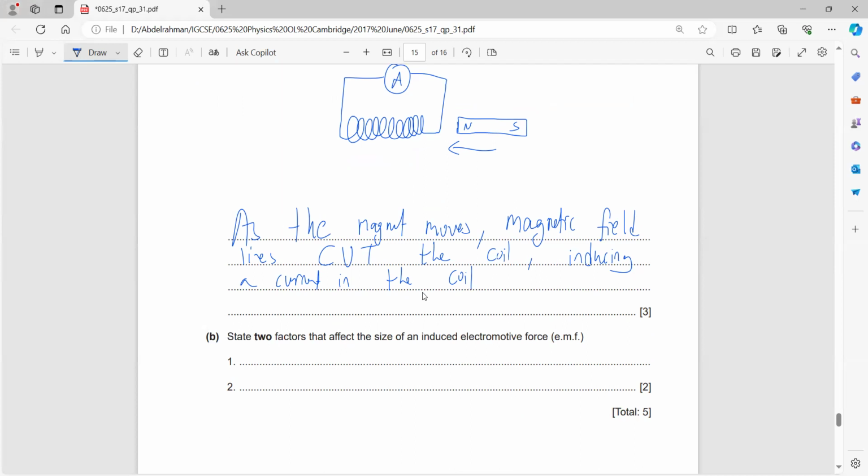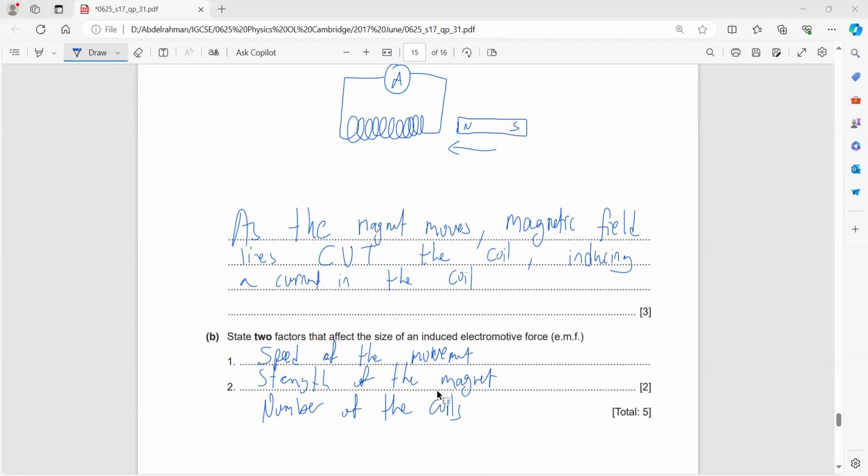You can change the speed of movement, and then the strength of the magnet, and you can say the number of the coils. Any two of these three. Okay, great.